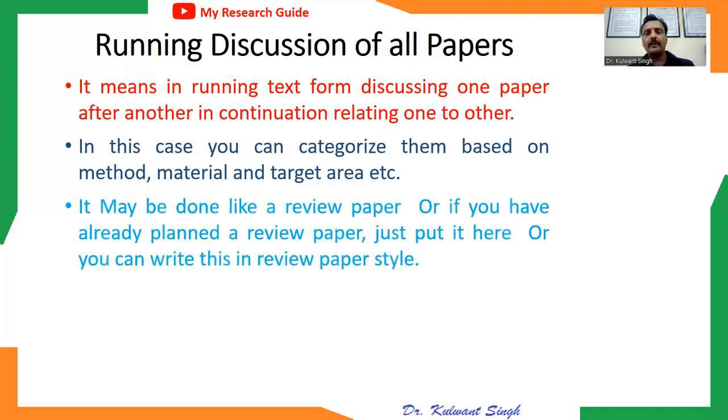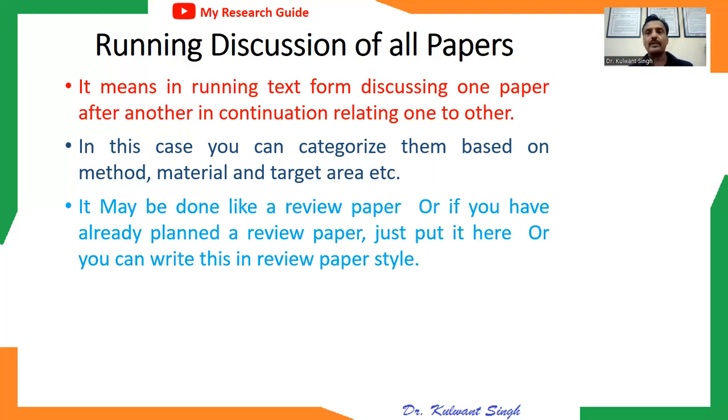It may be done like a review paper. I would suggest you plan a review paper first, and after publication you can directly use the published review paper in the literature review section.